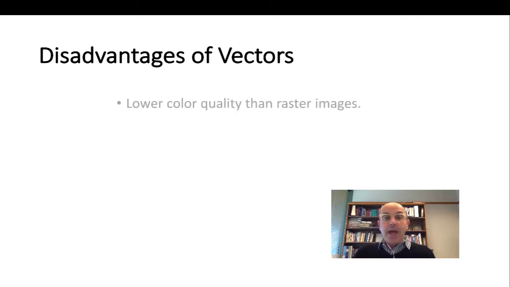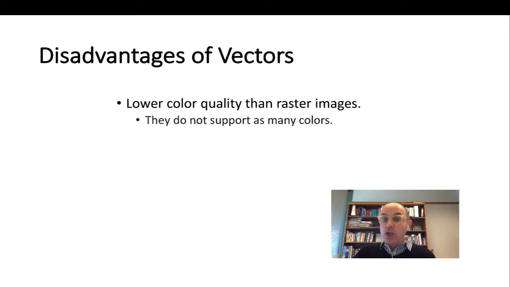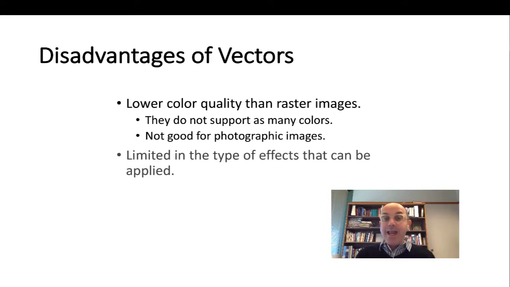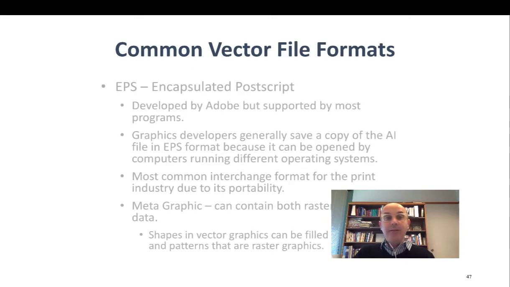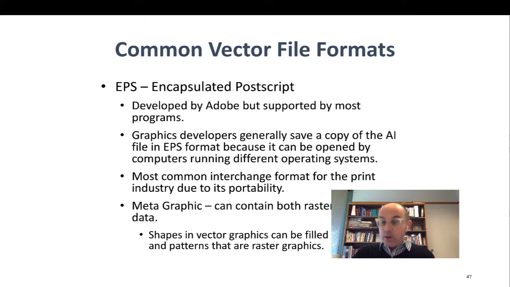The disadvantage, again, is lower quality than raster images. They do not support many colors, as we talked about. They are not good for photographic images, and there is a limited type of effects that can be applied. Common files, again: Adobe Illustrator is the way for us to look at that, and we usually create a file in Adobe Illustrator called EPS, which is Encapsulated PostScript, which is produced by Adobe.